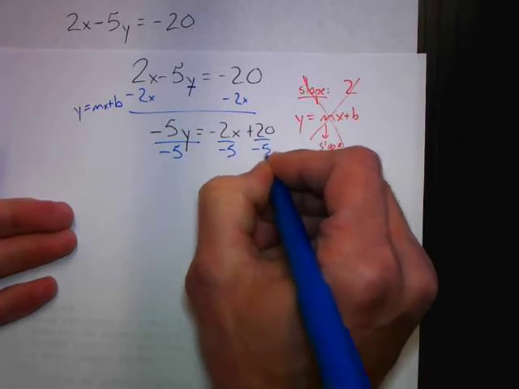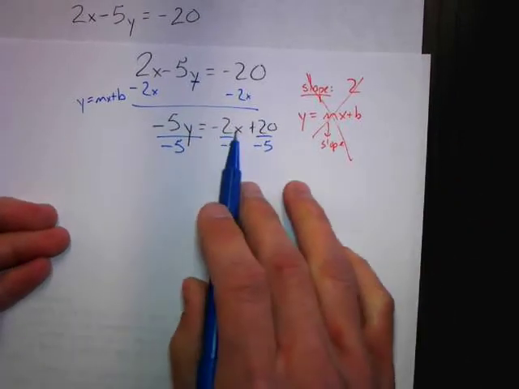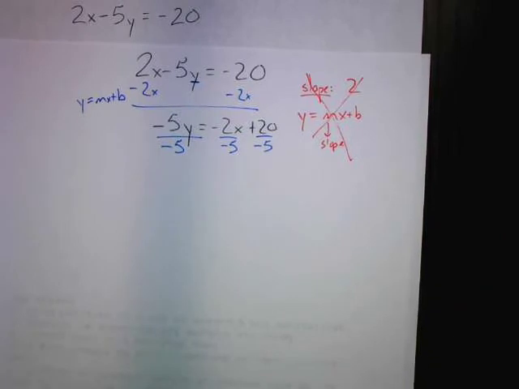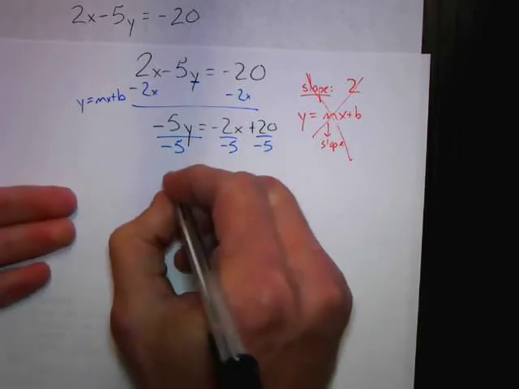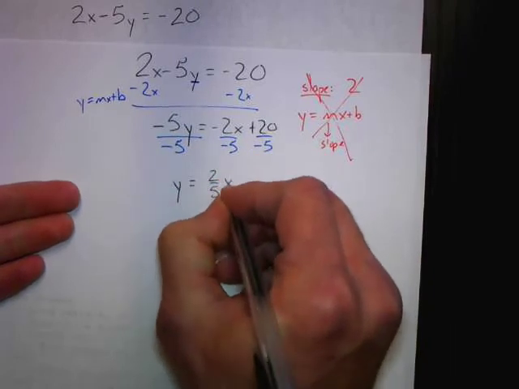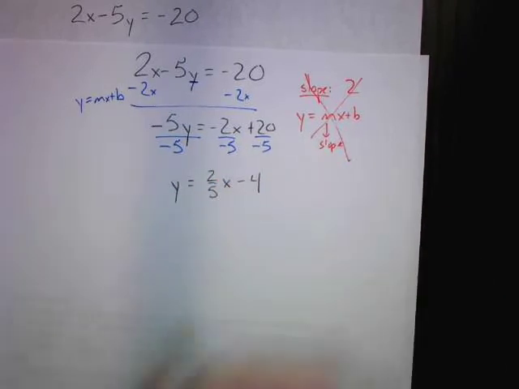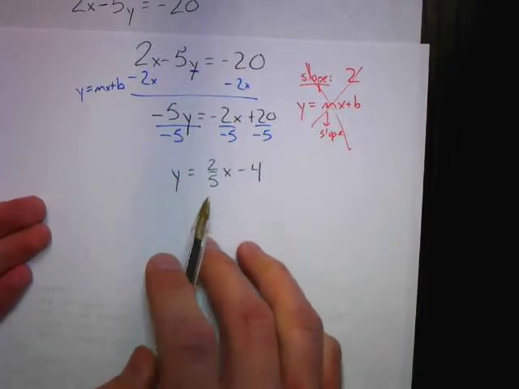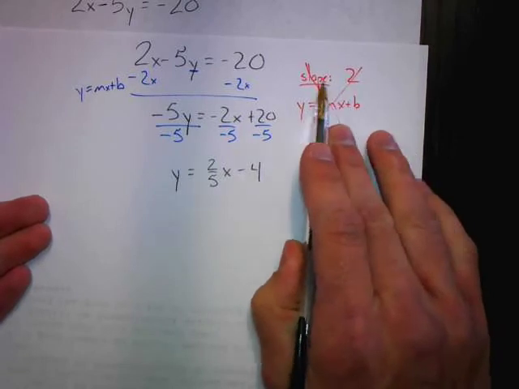Remember, multiplication is distributive, so we would be able to divide everything by negative 5. And then we would have y equals, and now we have positive 2/5 x, and then minus 4. Now that this original equation is in slope-intercept form, remember what we said, we couldn't say that the slope was 2.